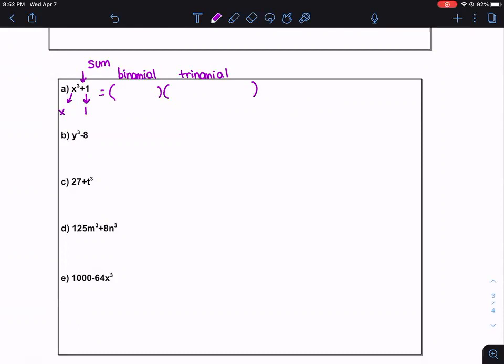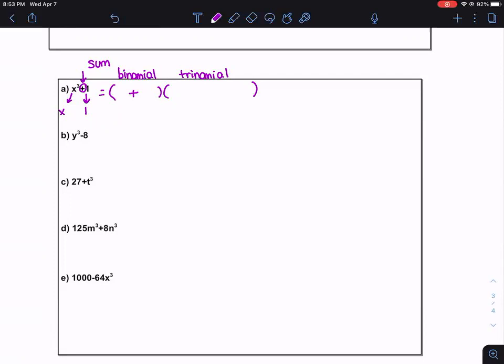What I tell my students to do next is to fill in the signs. So please listen carefully. This gets a little confusing. Whatever we start with goes inside of the binomial. So if it's a plus in between, the binomial is plus. If there's a minus, the binomial is minus.